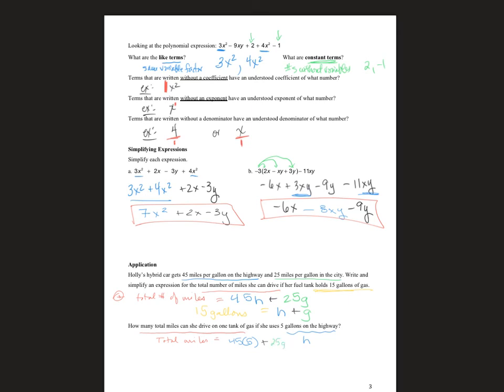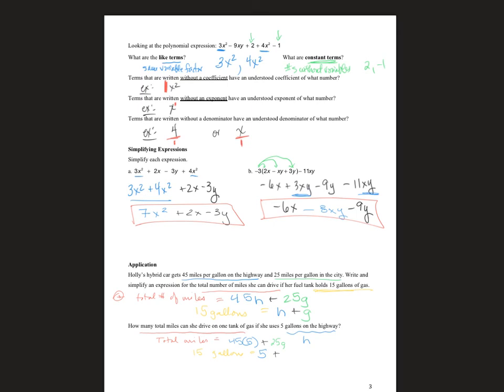So I can solve for what? Well, I have only 15 gallons. And remember, that is equal to 45 times, well, I have 5 gallons on the highway plus 25G, however you want to call it, in the city.